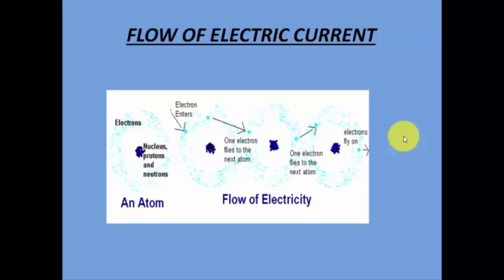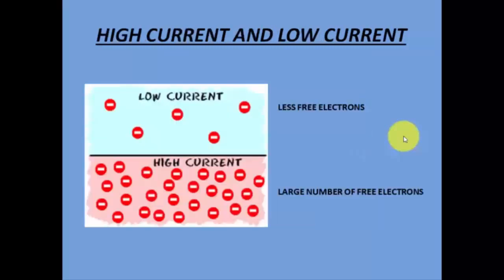So now you understand. In the previous video when I said that the flow of electric current is from the negatively charged terminal to the positively charged terminal, this is what I meant, that the free electron which is negatively charged will move like so. That is how exactly the electric current flows, right?